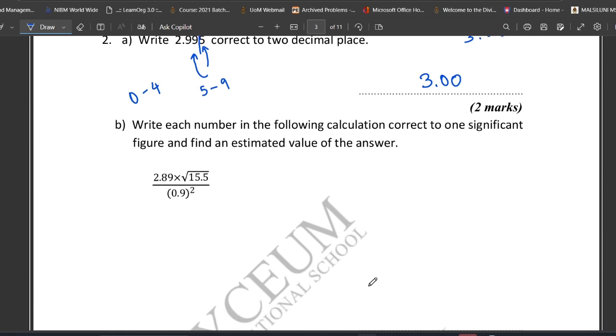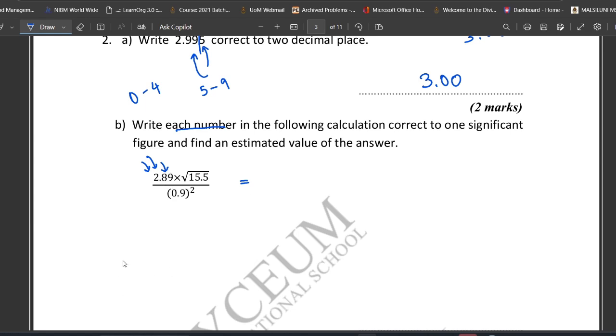And in the B part, write each number in the following calculation correct to one significant figure and find an estimated value of the answer. One significant figure means when we start counting from the left hand side, there should be only one non-zero number.